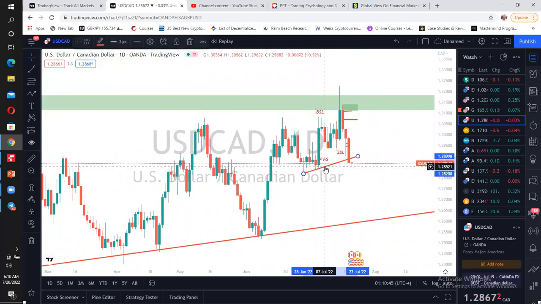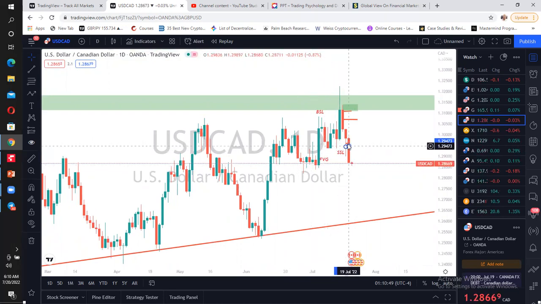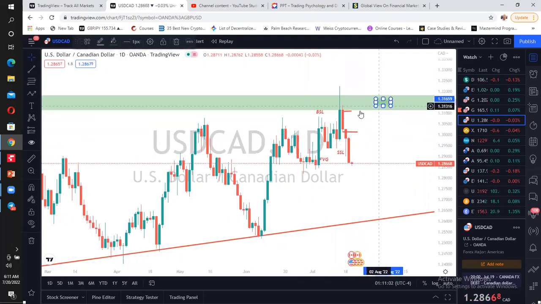Good. This liquidity is already flushed. And guys, if you watch, we'll have something here, between here and here. It's a fair value gap.